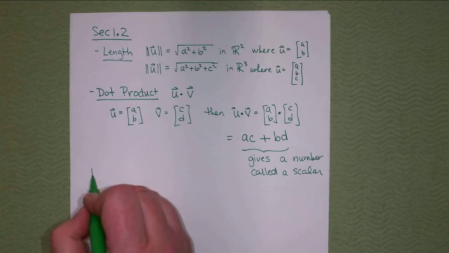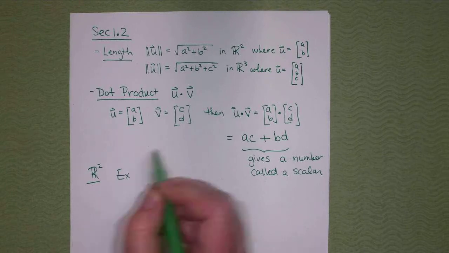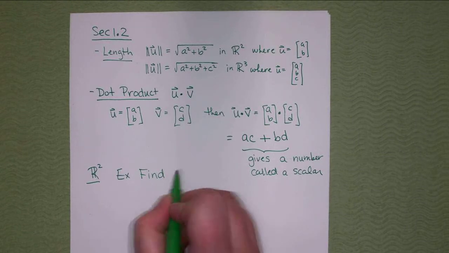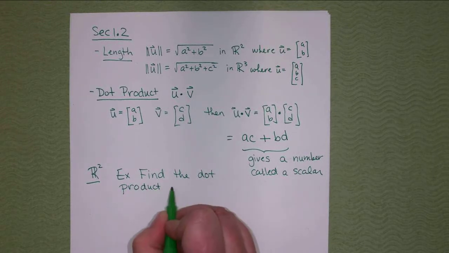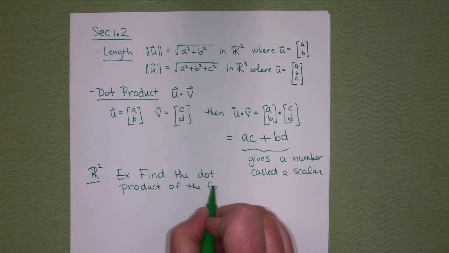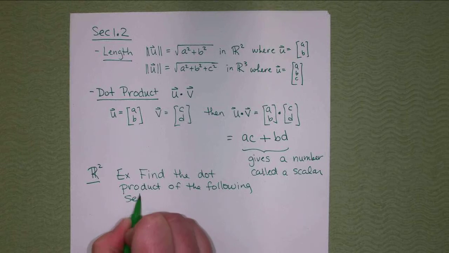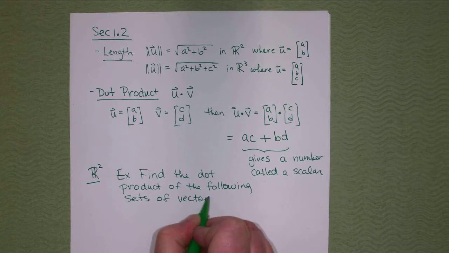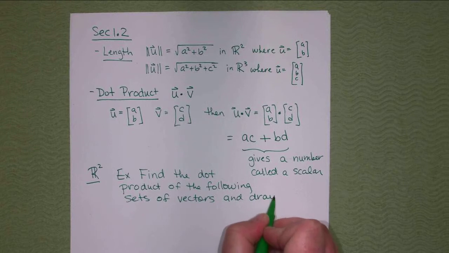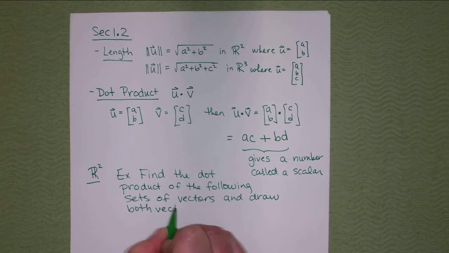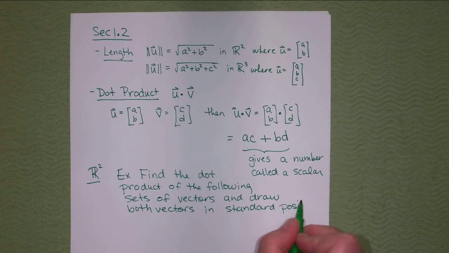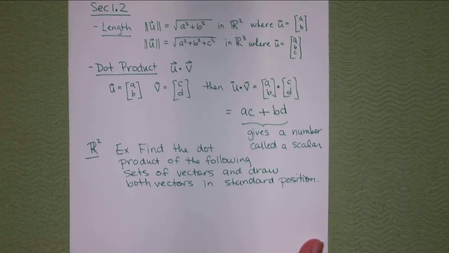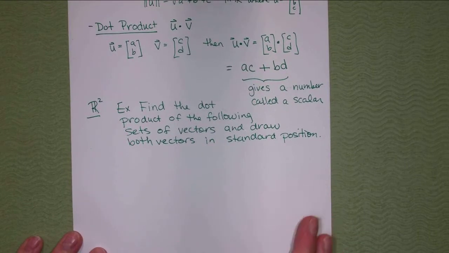So for R2, the example we're going to do, the instructions are: find the dot product of the following sets.